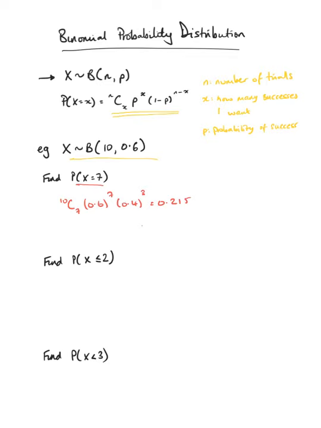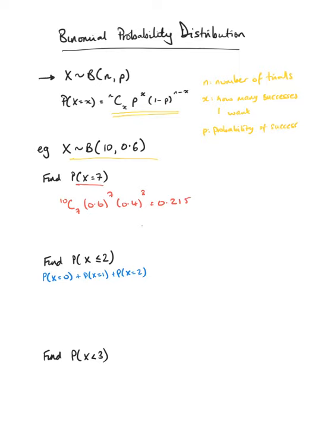So if I want a probability that x is less than or equal to 2, basically what I'm going to say is that is the same as doing probability that x is 0 plus probability that x is 1 plus probability that x is 2. So I've got all of the ways of having x being less than or equal to 2.